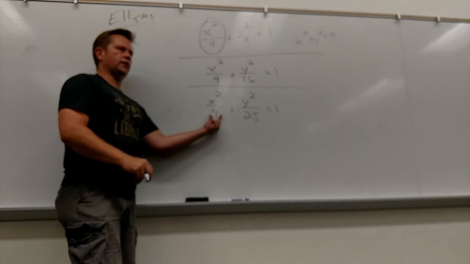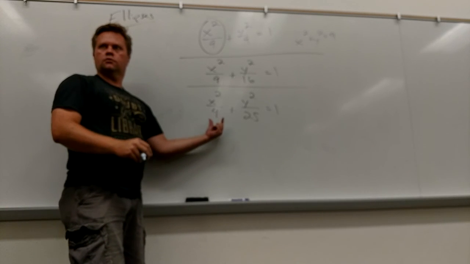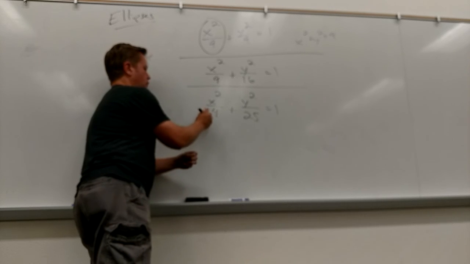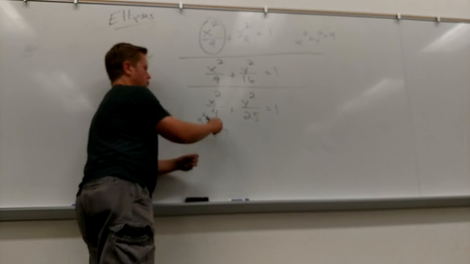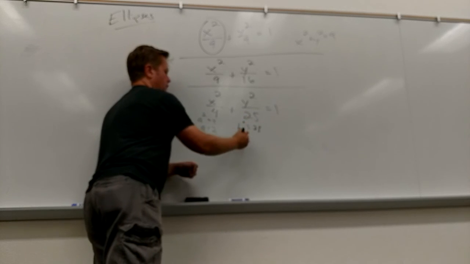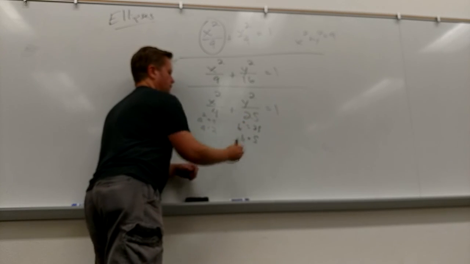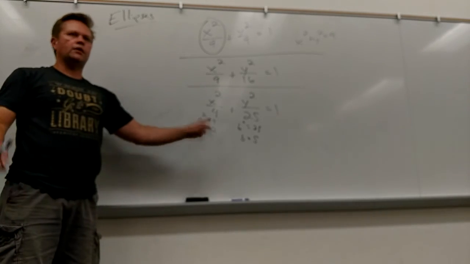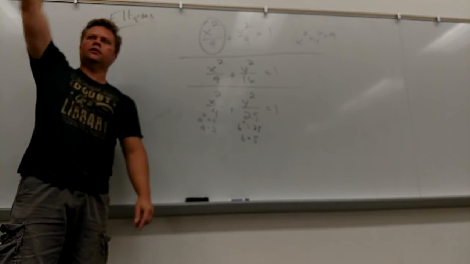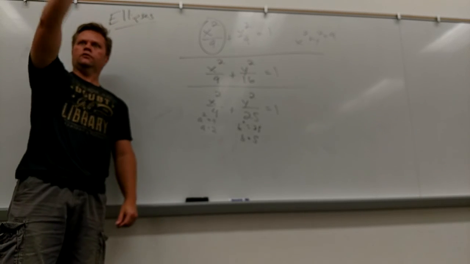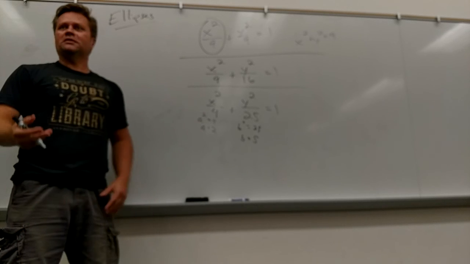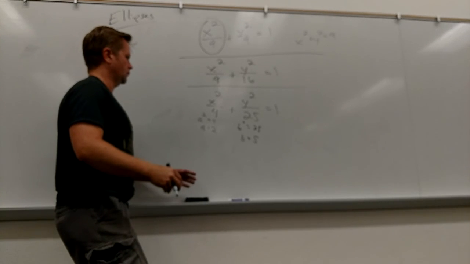How far am I going to go out on the x-axis? 2, right? So officially we would say a squared is 4, so a is 2. So x squared over a squared, y squared over b squared. b squared is 25, so b is 5. So I'm going to go 2 out on the x-axis, 5 out on the y-axis. That's definitely going to be one of these freaky little UFO things, otherwise known as ellipses.